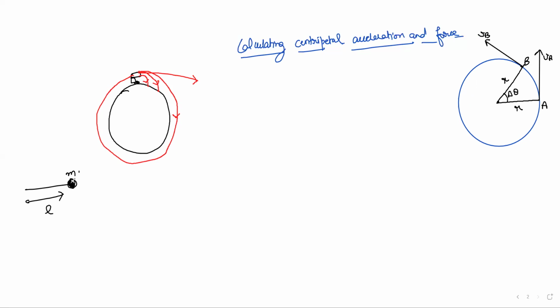So what factors do you think the centripetal force will depend on? The radius. Radius means the length of the string, or you can say the radius of the circular path. Any other factor do you think? Mass, yeah, mass, and the speed with which you are revolving.